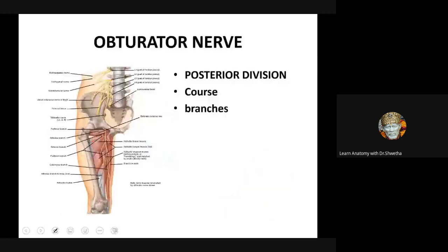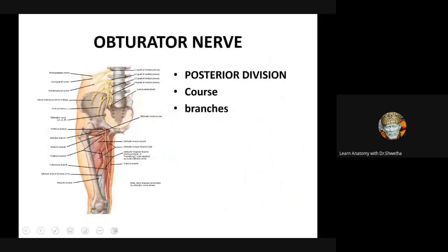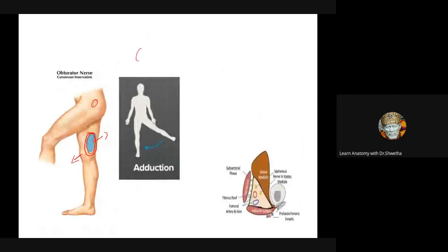This was about the anterior division, which you have beautifully said to me. And then you have the posterior division. Now, if there is any damage to the obturator nerve, which is supplying the adductor compartment, what is the function of the adductor compartment? Adduction of the hip joint. So adduction movement will be lost if there is any damage to the obturator nerve.